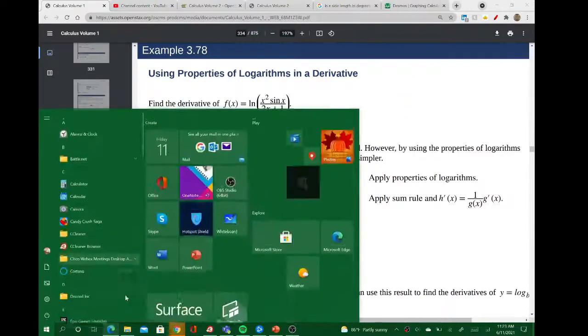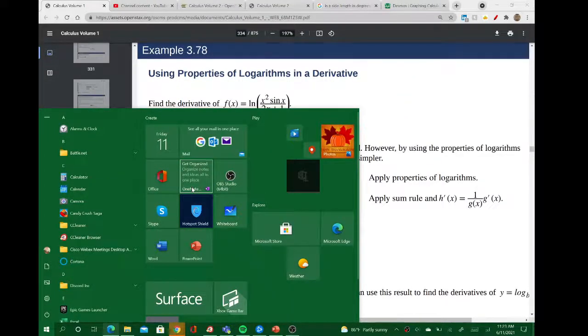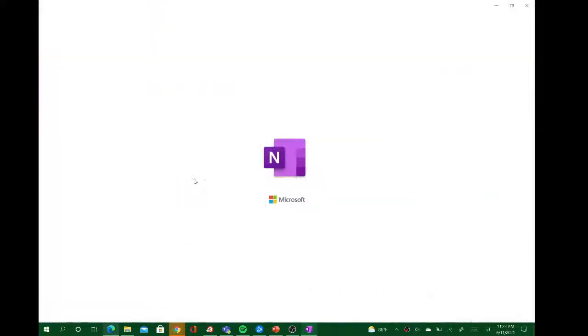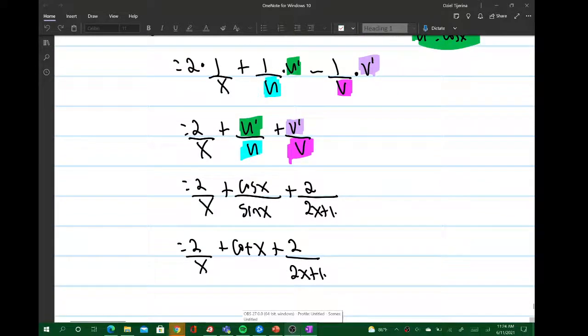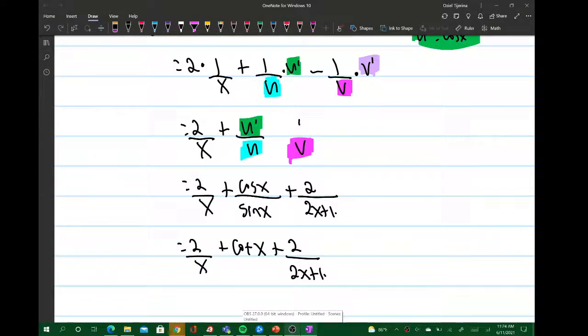Give me 1 second, guys. I don't know why my OneNote keeps freezing. My bad, this part was minus, not plus.